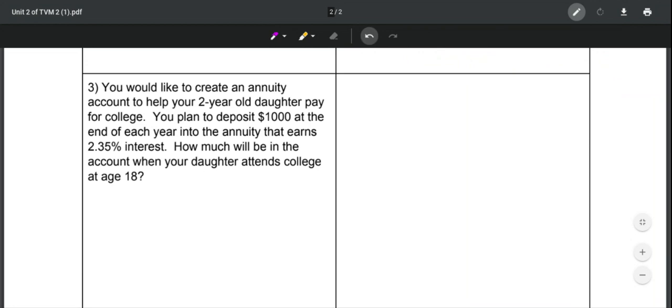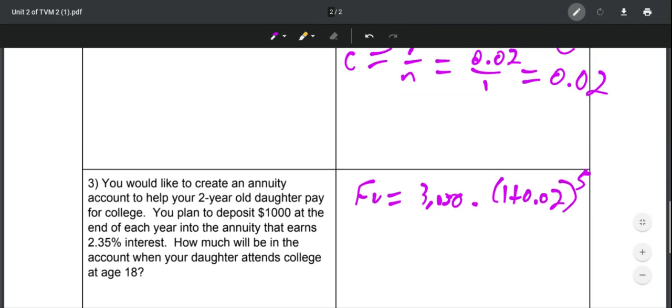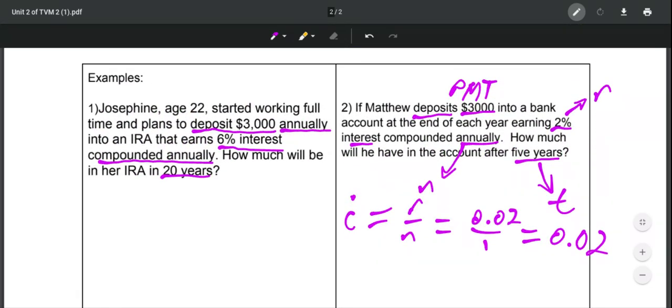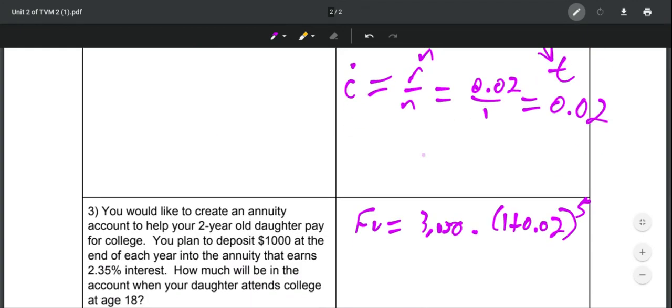We'll have FV equal, so it'll be 3,000 times 1 plus 0.02. That'll be raised to the 5th power because N is 1, T is 5, so N times T equals 5. So that's where I got that from.